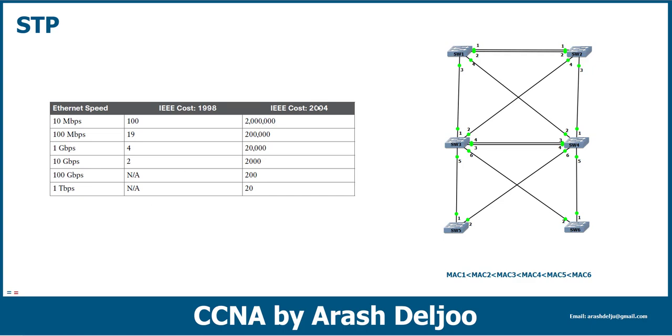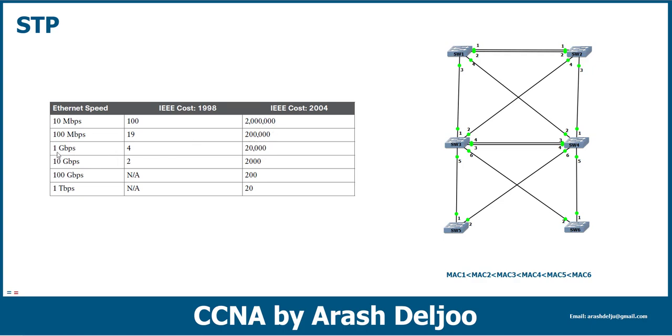Because of that, this table was released by the IEEE in 2004, and as you can see we have a cost of 2 million for 10 megabit per second bandwidth, and for 100 megabit per second we have 200,000.